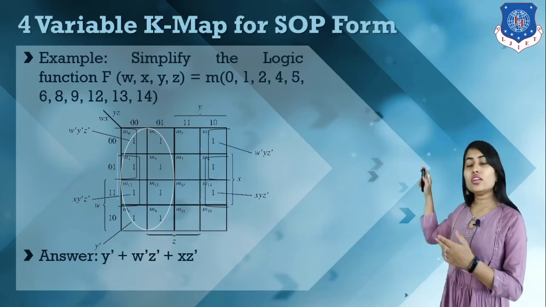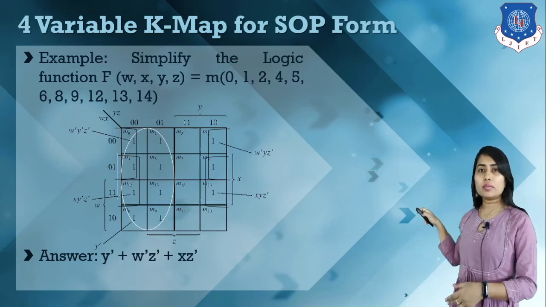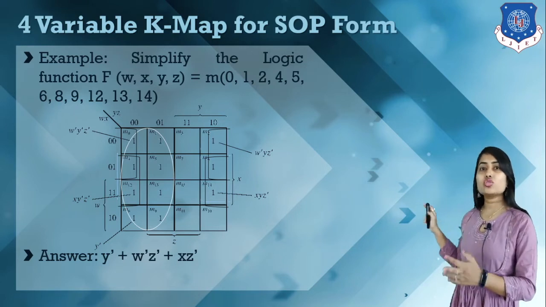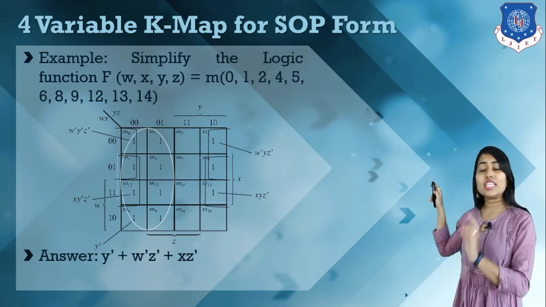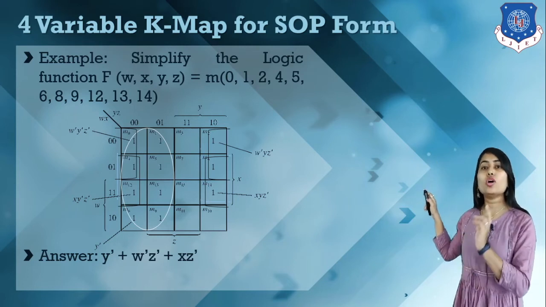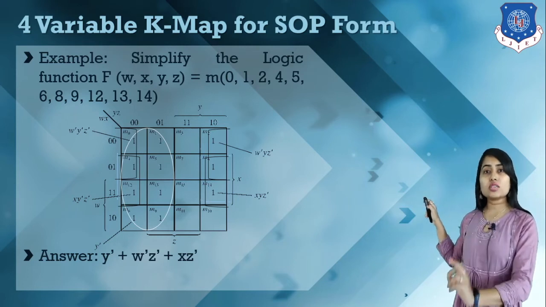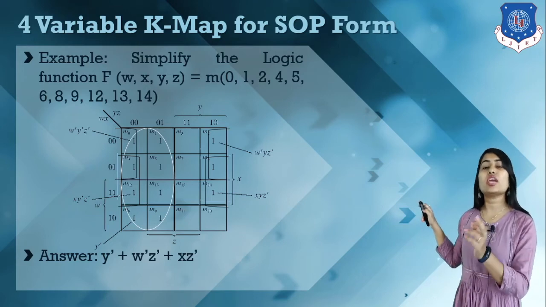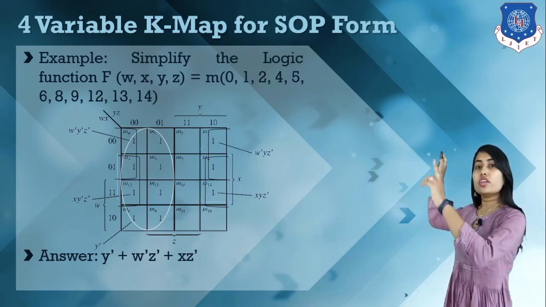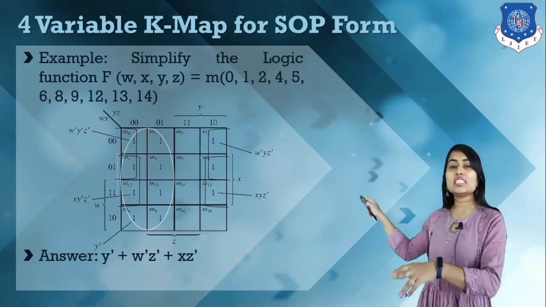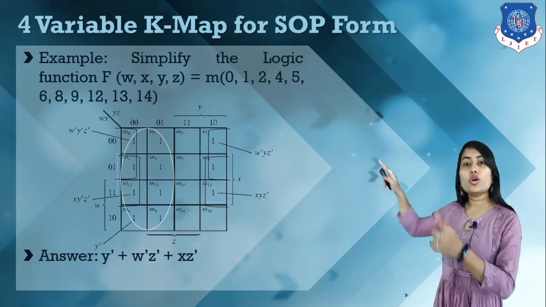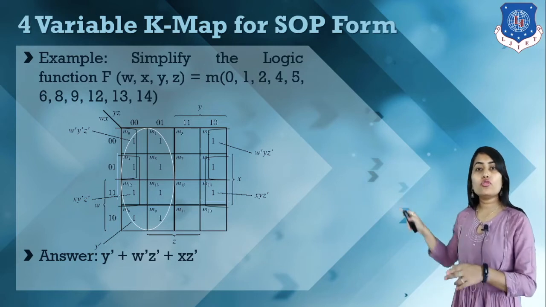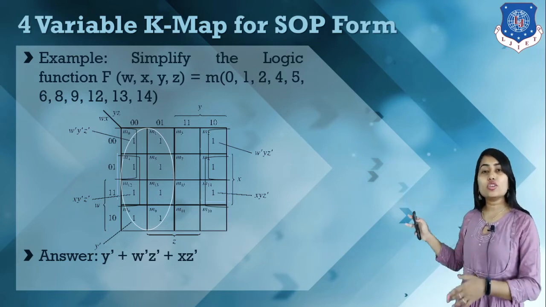Now these 3 ones are remaining, so we have to make a group. It is necessary to make a group of bigger size. If possible make a group of 4; first we make a group of 2. So we make a group of 4 like this, and another group of 4 like this, and write individual group functions.